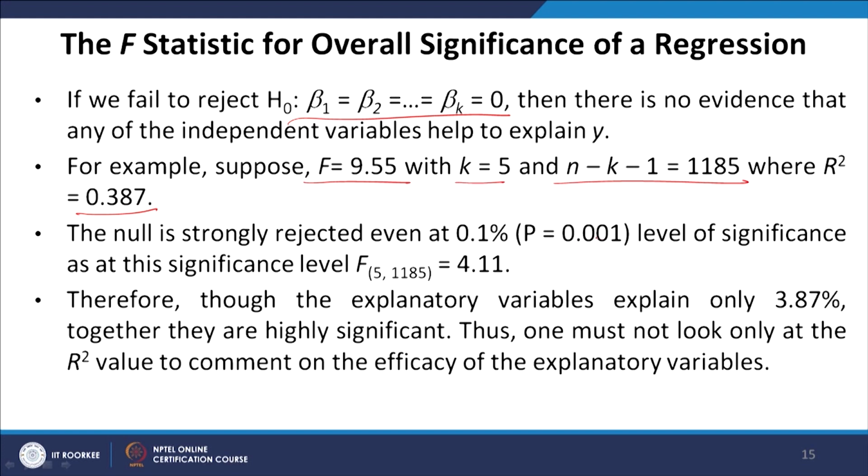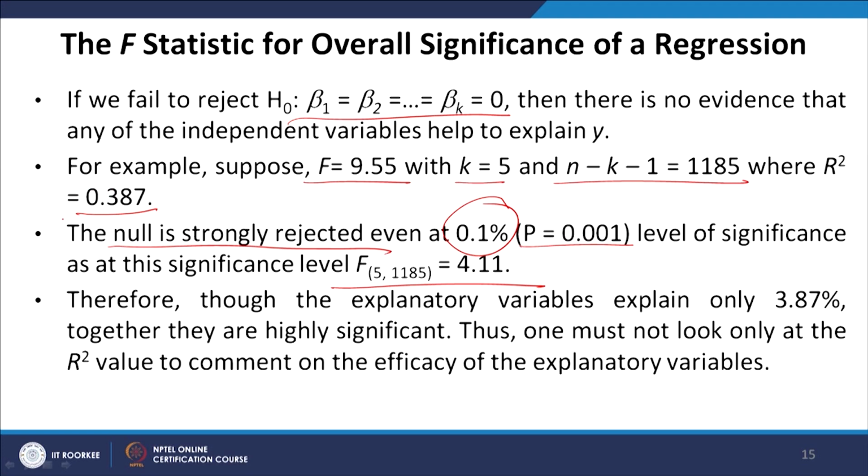So, by considering an F table with p value of 0.001, which implies a significance level of 0.1%, we are rejecting the null hypothesis, because at this significance level the F ratio with 5 and 1185 degrees of freedom is 4.11. Therefore, though the explanatory variables explain only 3.87%, together they are highly significant.